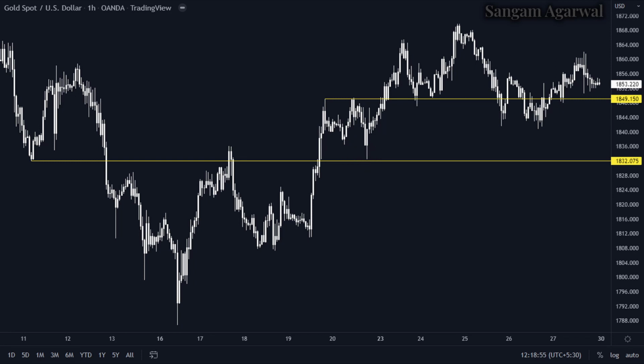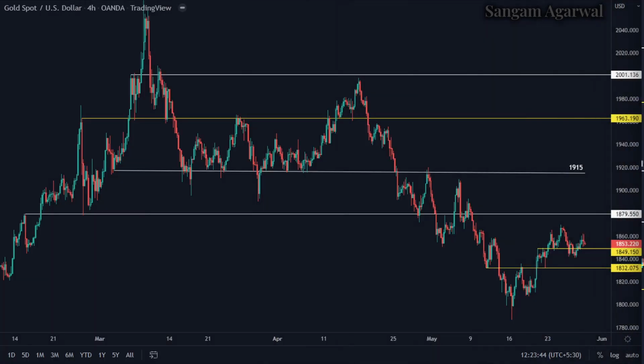If we go to the H4 time frame, we can see price is trading above the 1832 level and making a sideways correction above the 1850 resistance level after breakout. The next resistance is 1880, but the key resistance is the 1915 area.